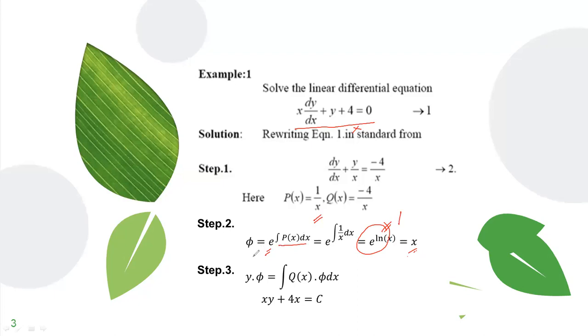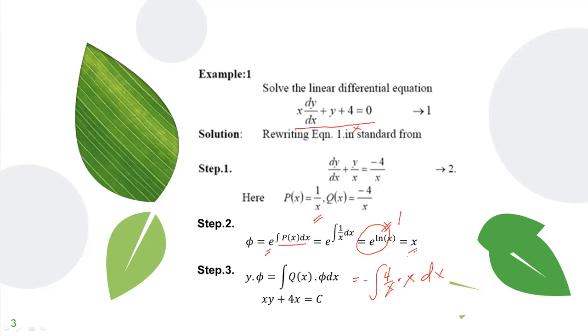Since you know already your integrating factor, you just go back to the formula for the solution of a linear first order DE. The unknown function is multiplied to the integrating factor, the phi. So that would be in this case, xy or yx. And then this part here is actually the integral of your Q of x, which is negative 4 over x, multiplied with the phi, which is x, dx.